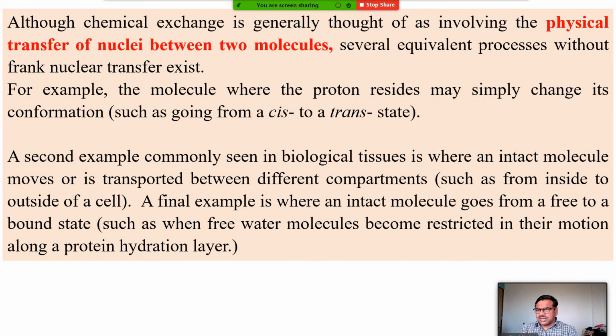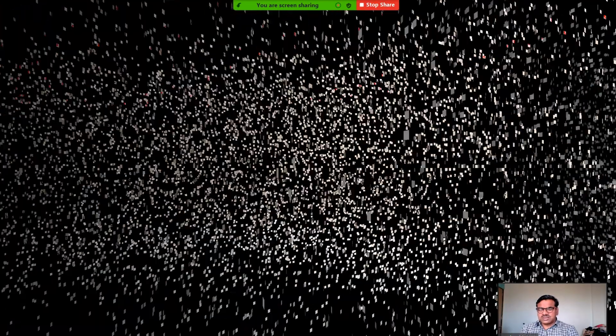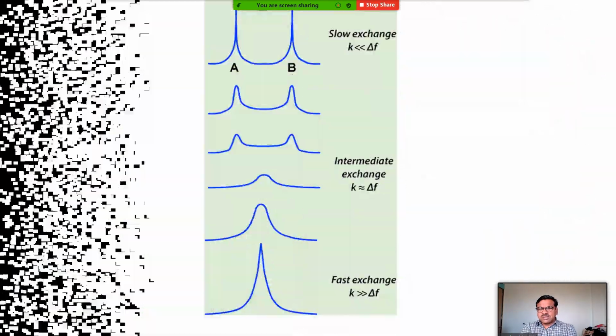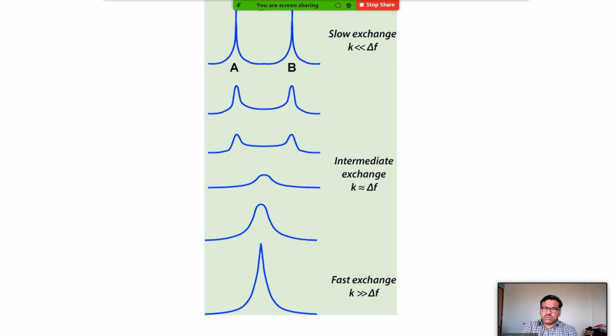This is the biological example that I am going to explain to you. The bound state water molecule and free state water molecule, one exists at the outer side and another exists at the inner side of the cell wall. So this is the explanation of exchange of water molecule, exchange of proton.